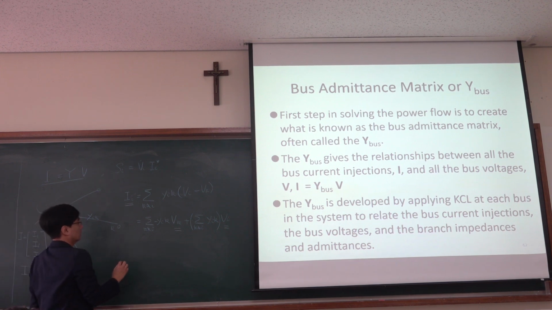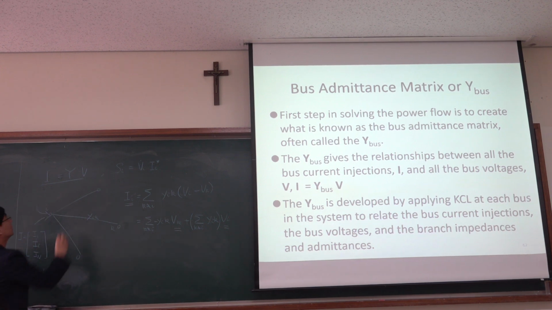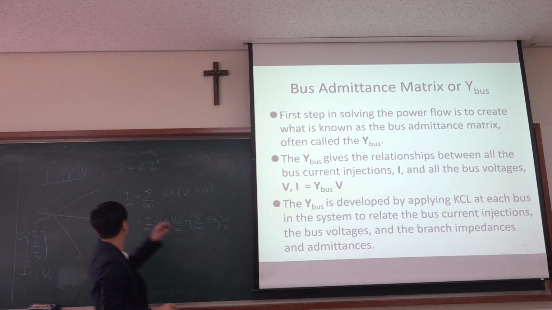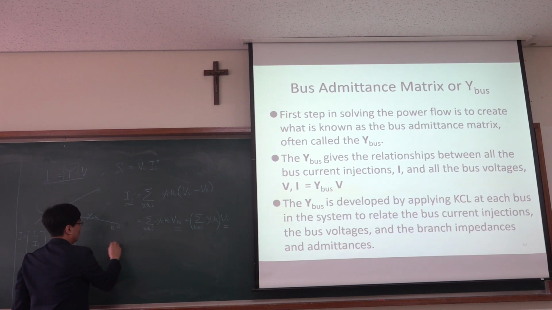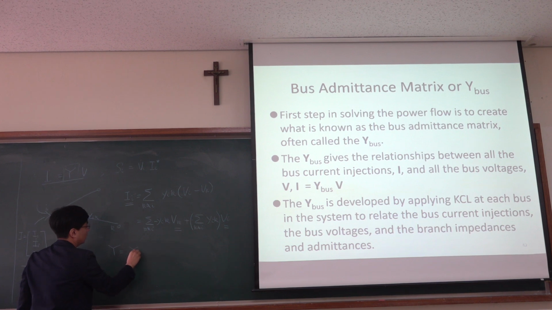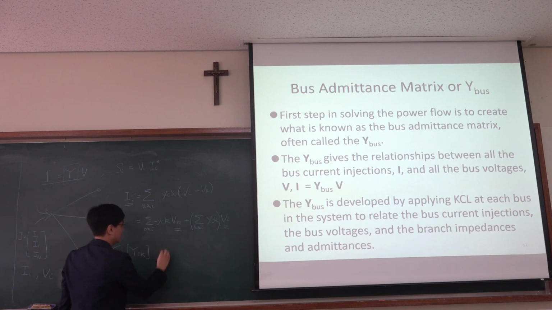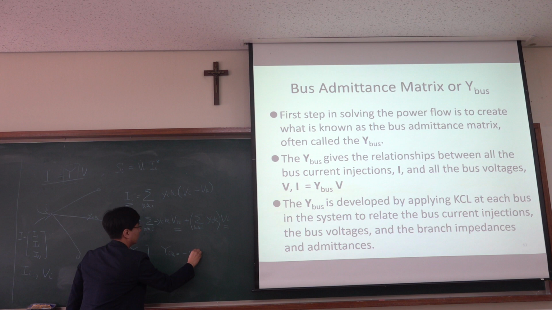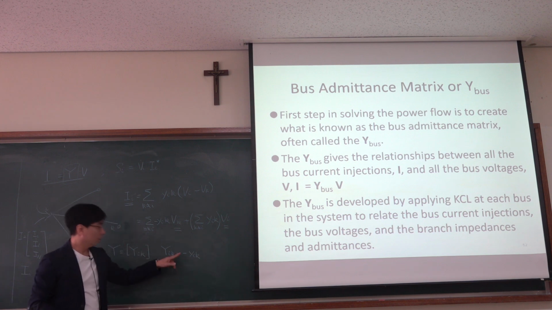Now we want to define the bus admittance matrix, Y bus, simply Y. So Y sub ik should be defined as minus y sub ik, the negative of the admittance of that line, right?